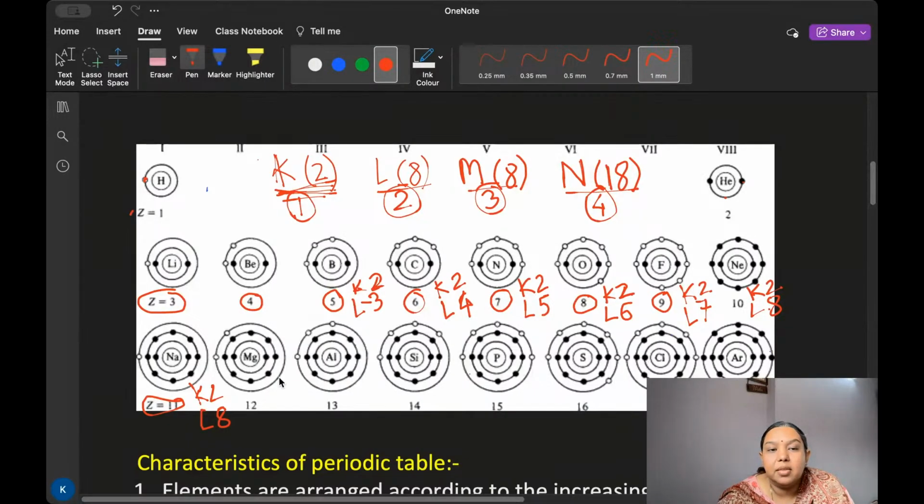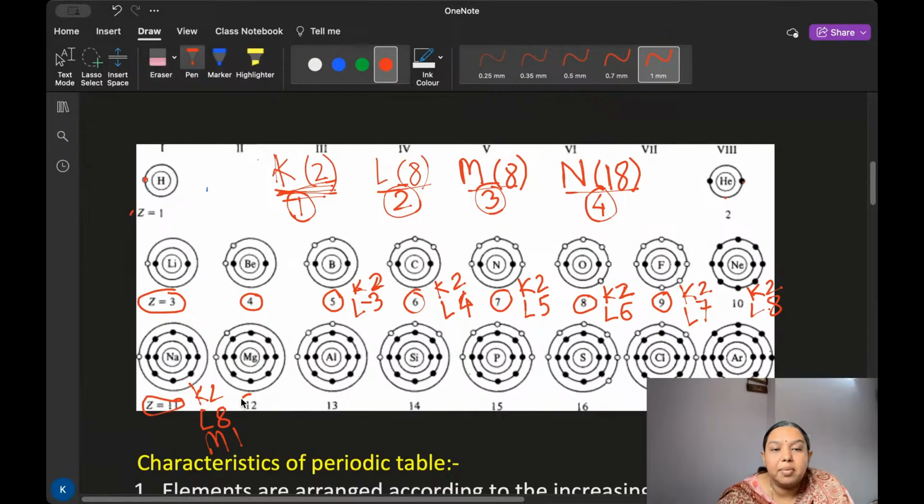So now in the third period, K and L shells are completely filled in all the elements, and M shell is now getting filled here. So 2 plus 8 is 10, and 1 goes to M shell. So M shell will have 1 electron.